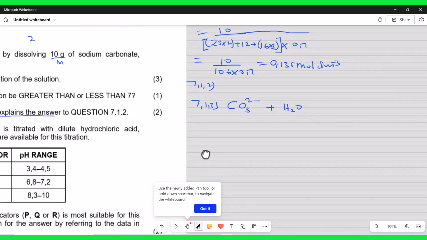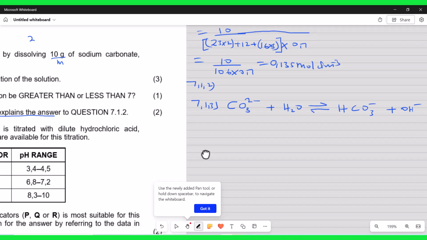If I add the water, one of the protons from here comes here and they form the hydrogen carbonate, then plus the OH ions.